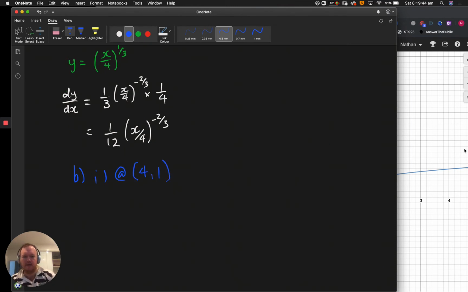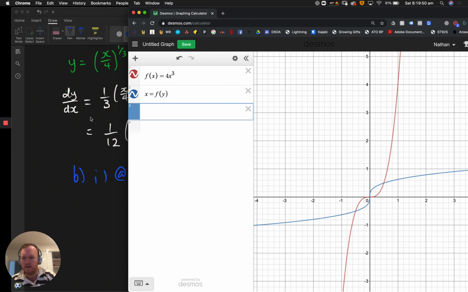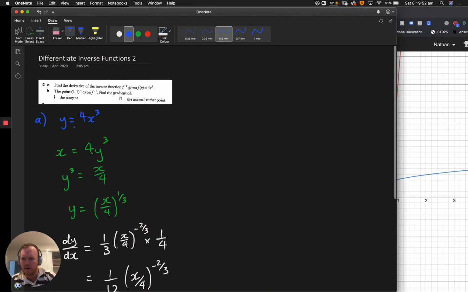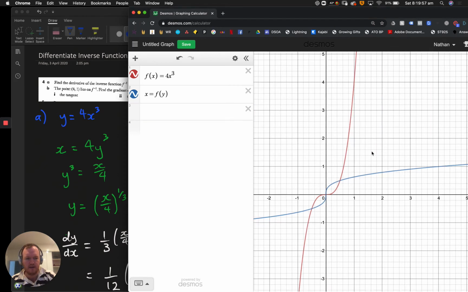Again, a lot of the time it helps just to visualize what's happening over here. Was it 4, 1? Yeah, so the point 4, 1 lies on our inverse. We can see that quite simply here. I'll just plot it so that it's nice and easy for us.